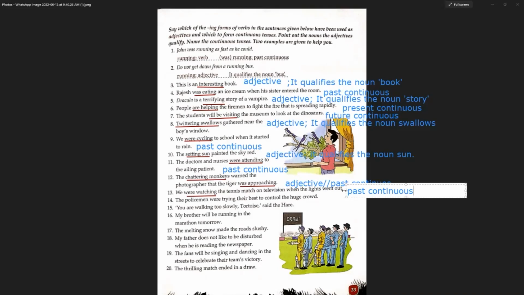Okay, right. And Methuni, can you do number 14, please?